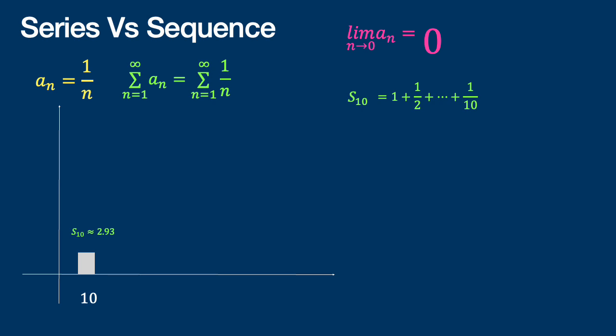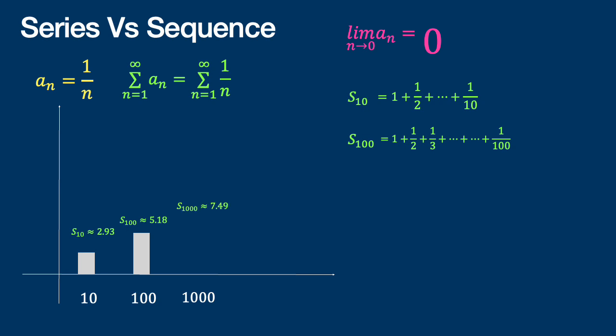That's going to be 2.93. Now I want to calculate S_100, which means you add 1 up to 1 over 100. I calculate that partial sum S_100, 5.18. Okay, let's do more. You add 1,000 terms. S_1000 is going to be 7.49.